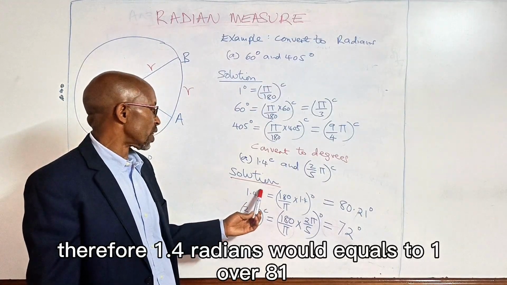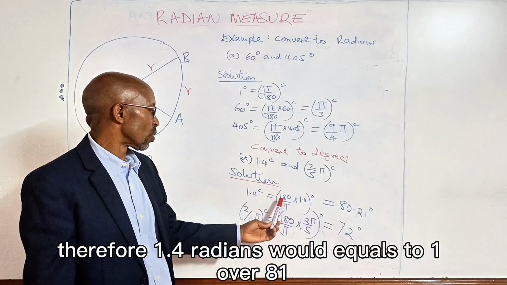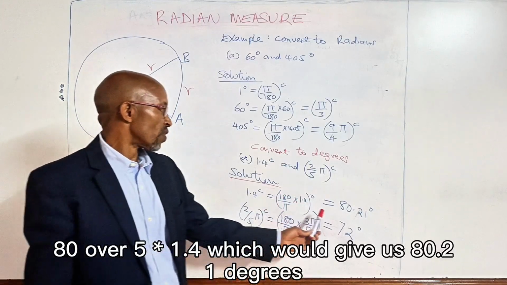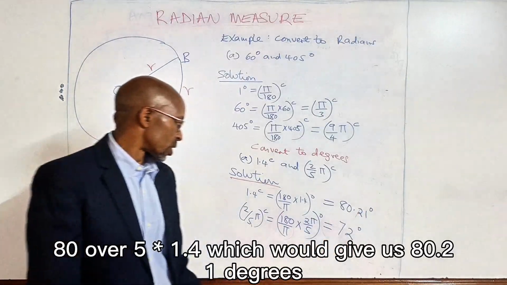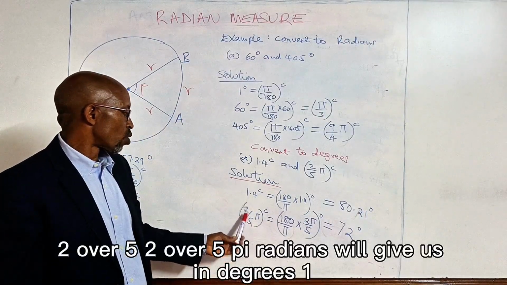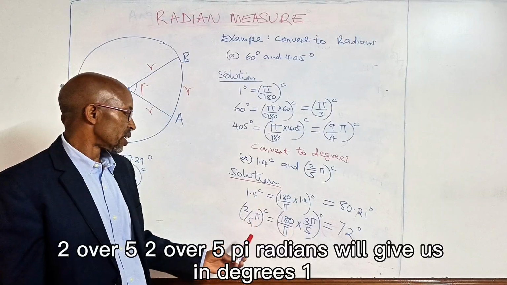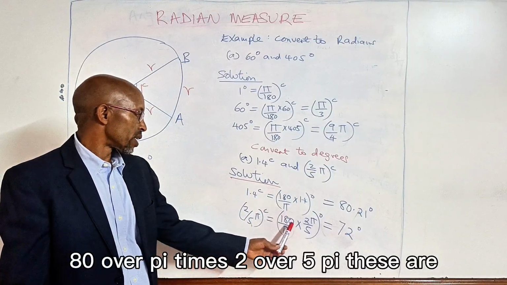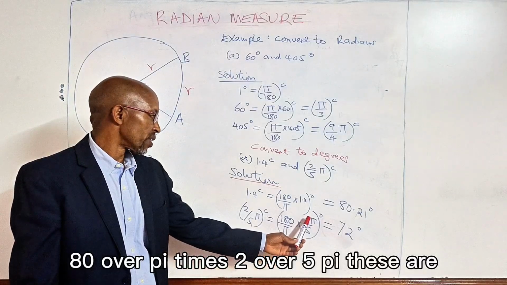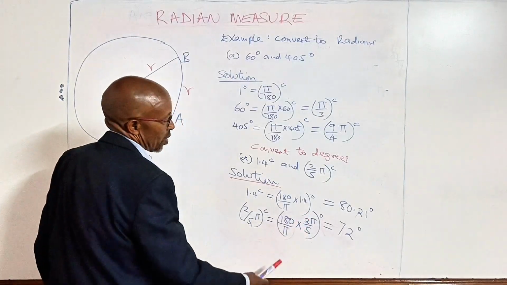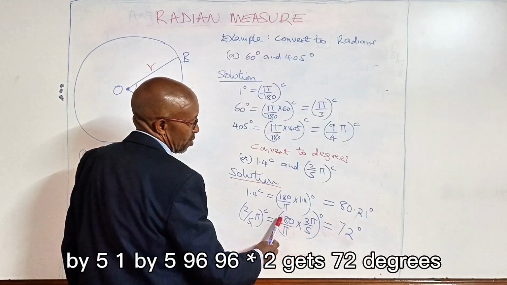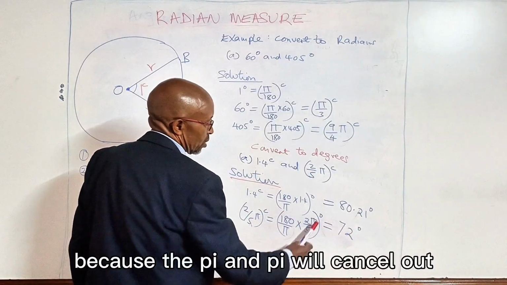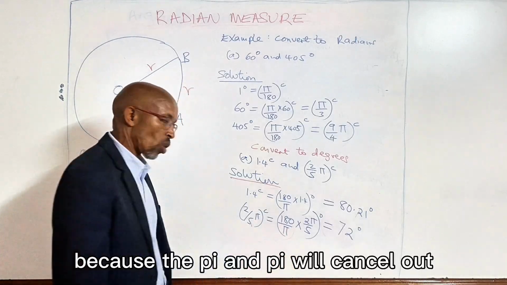Therefore, 1.4 radians will be equal to 180 all over pi times 1.4, which will give us 80.21 degrees. 2 over 5 pi radians will give us in degrees 180 all over pi times 2 all over 5 pi. By 5, 1, by 5, 36. 36 times 2 will give 72 degrees because the pi and pi will cancel out.